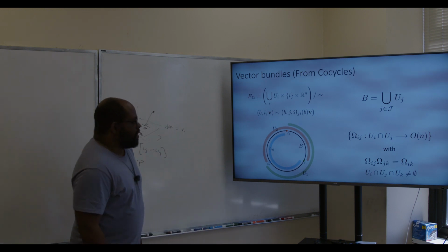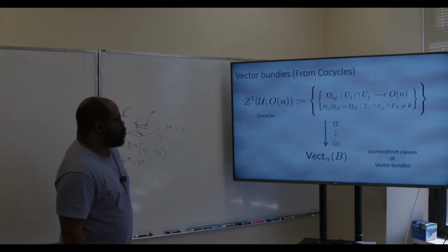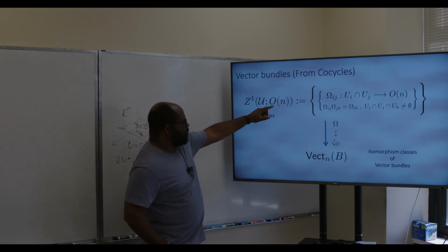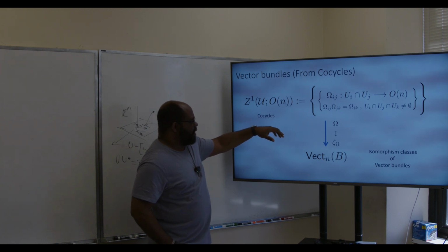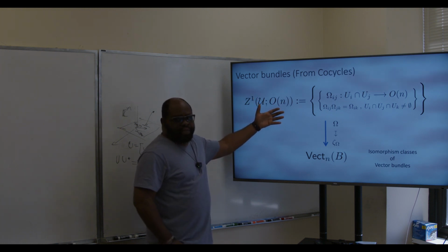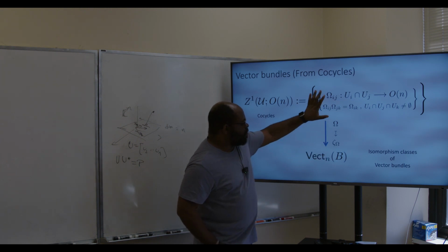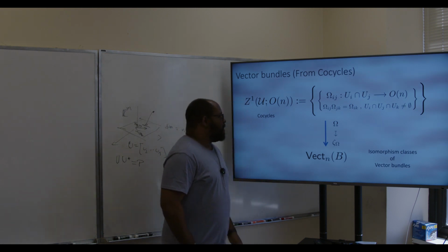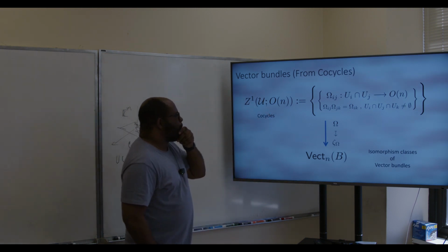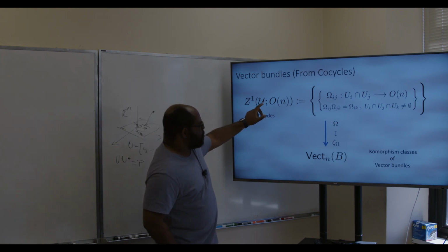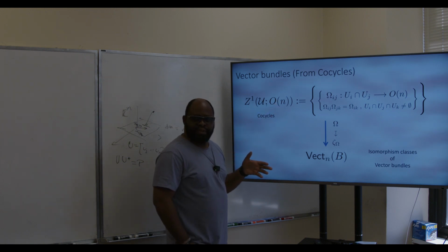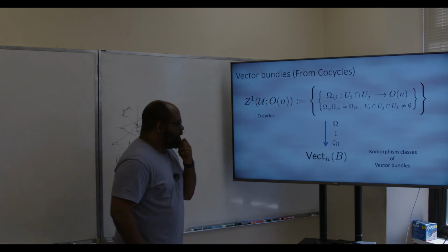Okay? So here's another way to say what I just described. If Z1(U, ON) is the collection of cocycles, then this construction gives you an arrow from cocycles to vector bundles over B. Here I don't mean coefficients in ON, I mean the coefficients in the sheaf of ON-valued continuous functions. Okay? Just to make that clear.